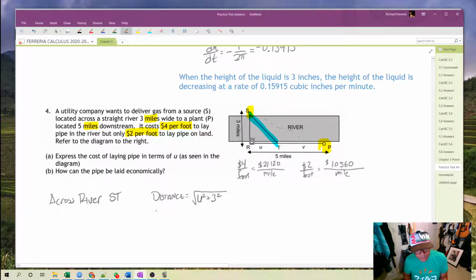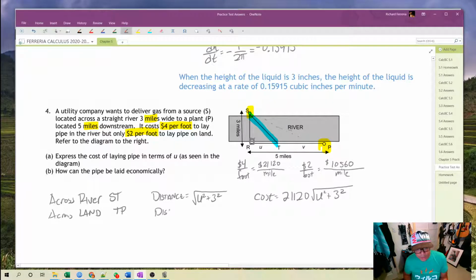And so the cost across the river is going to be equal to 21,120 multiplied by the square root of u squared plus 3 squared. How about across the land? On the diagram, that's TP.